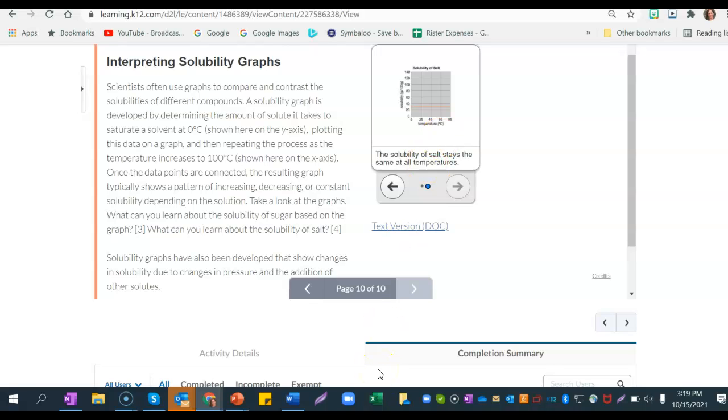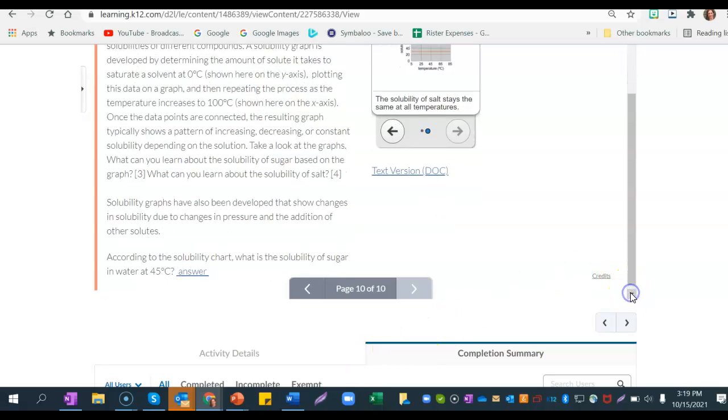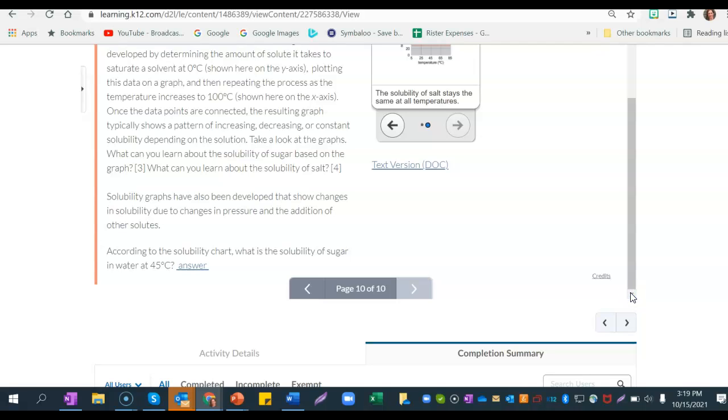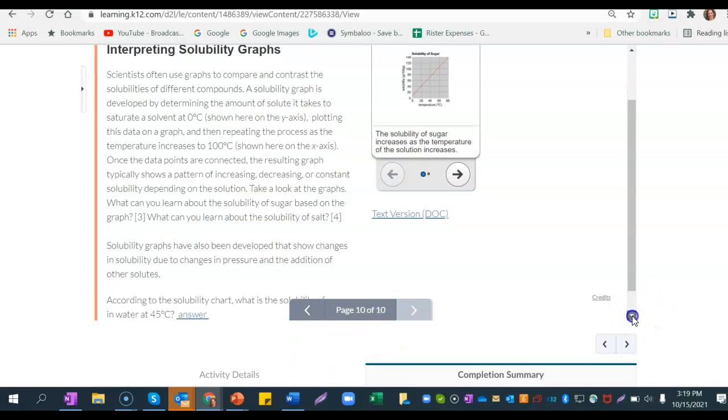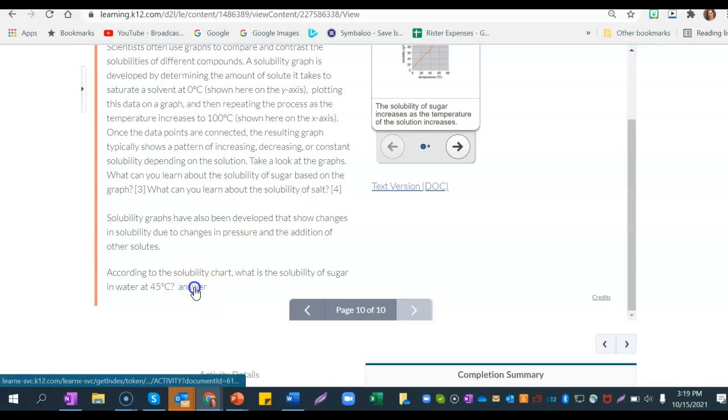So solubility graphs have also been developed to show changes in solubility due to changes in pressure and the addition of other solutes. According to the solubility chart, what is the solubility of sugar in water at 45 degrees? So if we go back to sugar at 45 degrees, it looks like it's almost in the middle of about 70. So let's look at this answer and see where we are.